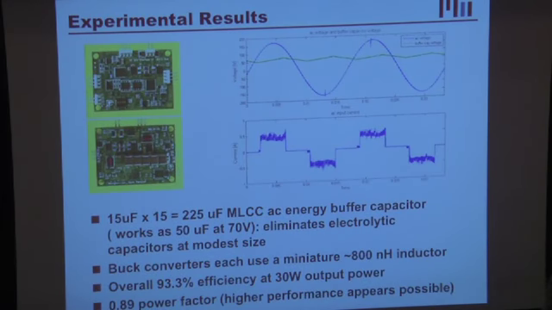So what do you get if you do this? Well, here's a prototype system we built, and I'll first point out a couple of things about it. First of all, we've gotten rid of the electrolytic capacitors. In fact, we're doing all of our energy buffering on ceramic capacitors right here, okay? Secondly, you notice that this circuit does not have very much in the way of magnetics. Here's these little red things here. That's the magnetics.